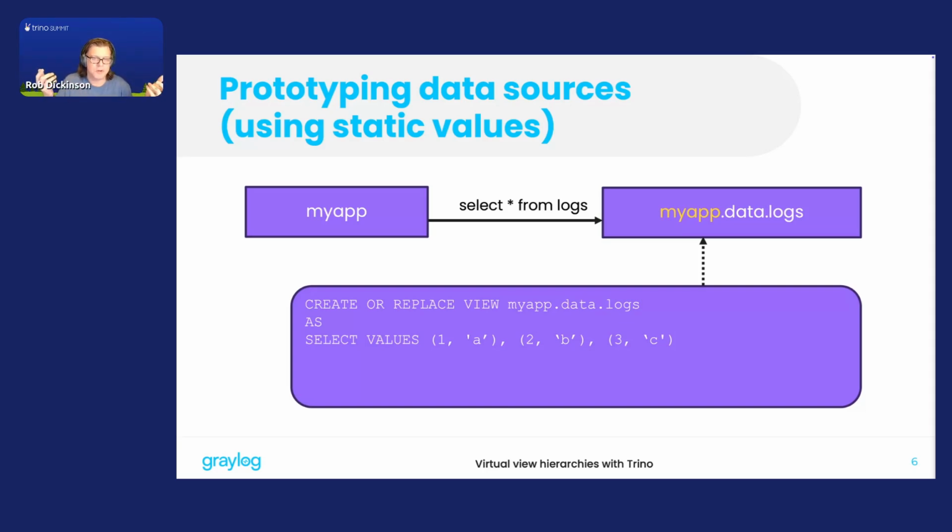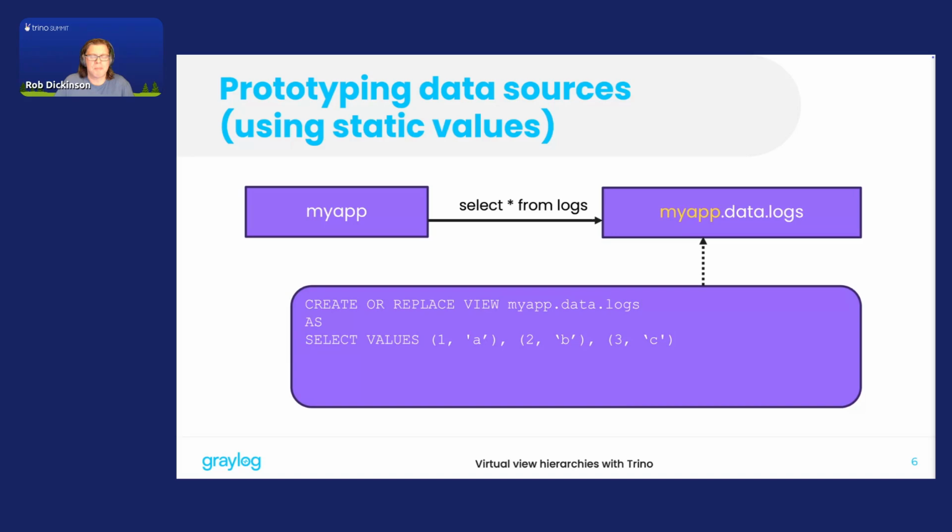It doesn't really know the difference. So it's very easy to build prototype data this way. We did a lot with a memory connector in our early days this way, but we hid the use of the memory connector through a virtual view like this so that the application really wasn't aware of it.